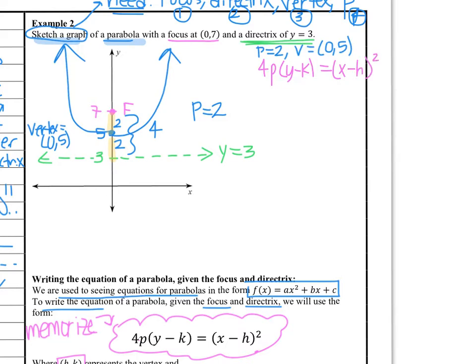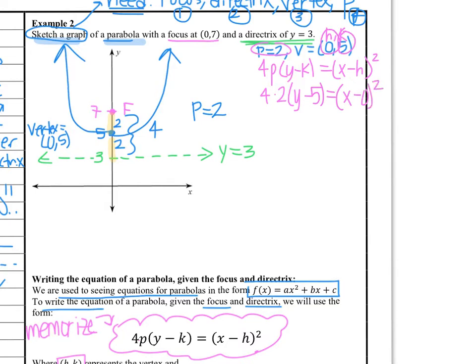Okay, so when I go to plug this stuff in, we have our p-value here, and our vertex is h, k. So I'm going to plug in 4 times the p-value of 2, parentheses y minus, now my k value is 5, close parentheses, equals x, and then minus h, so my h in this case is 0, so minus 0 squared.